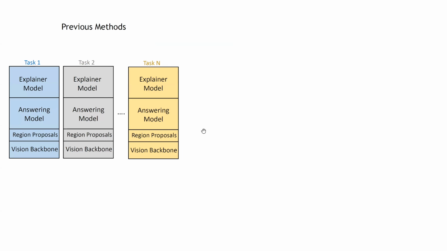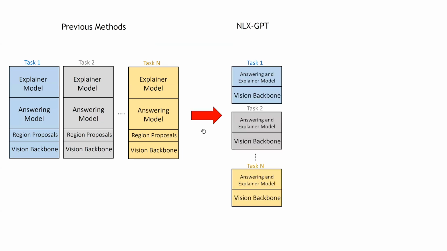Last year at CVPR, we had a paper called NLX-GPT, which unifies the answering and explainer models into a single model, because otherwise they're just independent pipelines and the reasoning process is different. When you apply explainable AI, you have to apply it on the same model which gave the prediction. So this is what NLX-GPT does, and they do it in a very small and compact size model. But the problem is that they still have to fine-tune the model for n different tasks. So at the end, they still have n models specialized for n tasks.